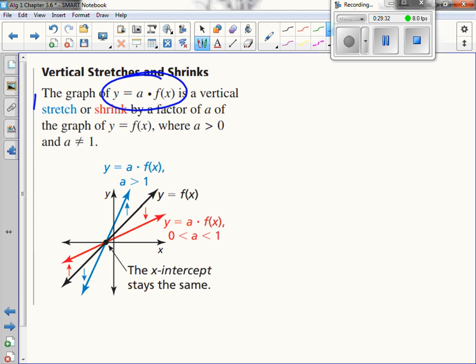Stretch and shrink, it could be one of these two. Now the main thing with this is we're talking about a times f of x. If a is greater than 1, it's a stretch of that value. If a is between 0 and 1, it's a shrink.